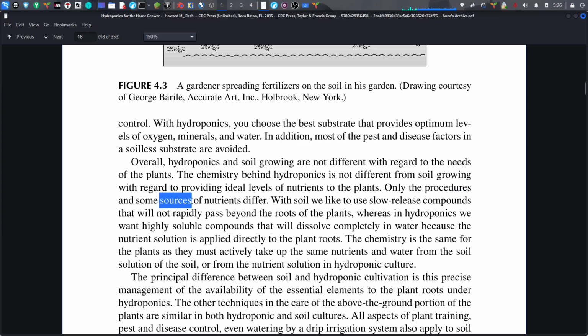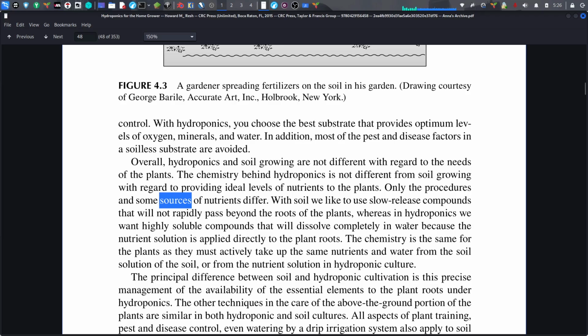With soil, we like to use slow-release compounds that will not rapidly pass beyond the roots of the plants, whereas in hydroponics, we want highly soluble compounds that will dissolve completely in water because the nutrient solution is applied directly to the plant roots.